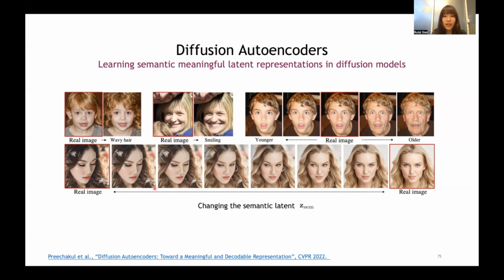For example, by changing certain dimensions of this latent z, they are trying to identify different semantic meanings such as the hair style, the expression, the age, and also the color of the hair.